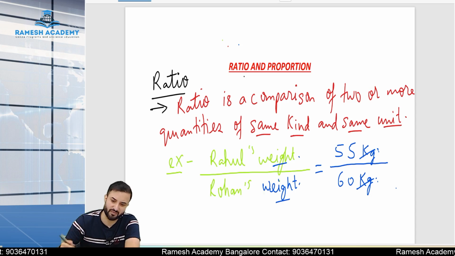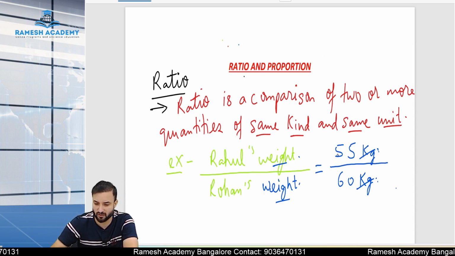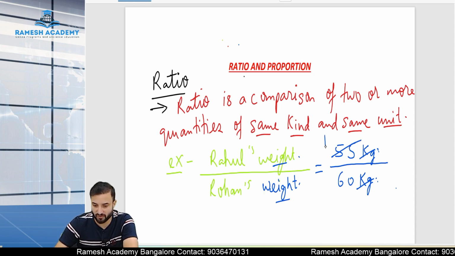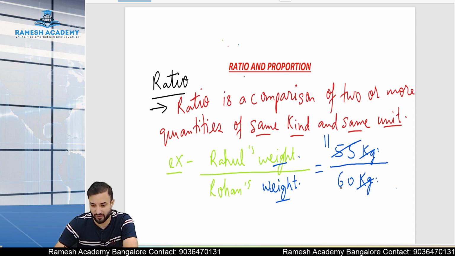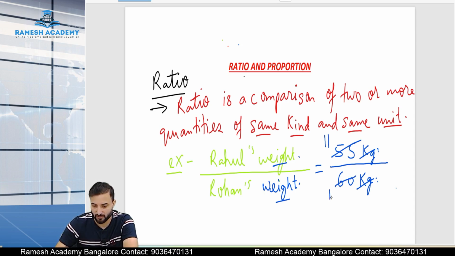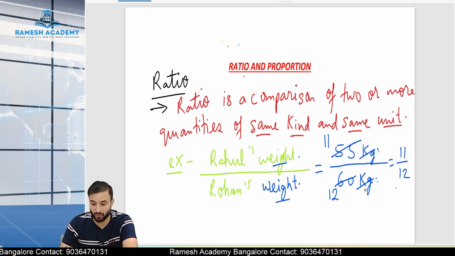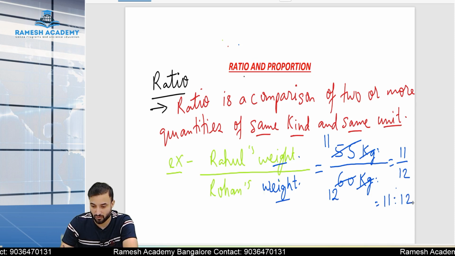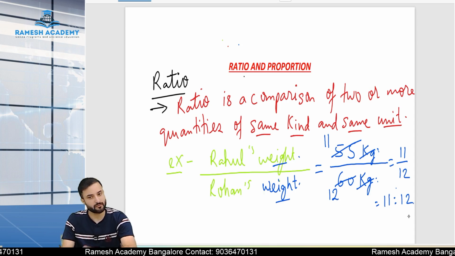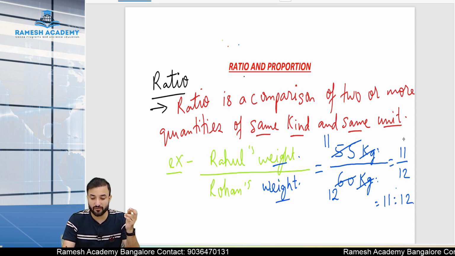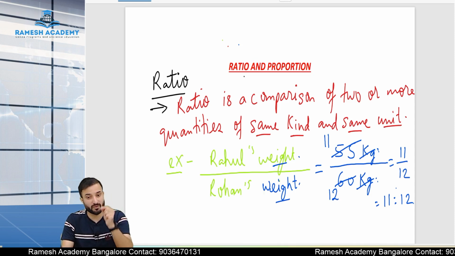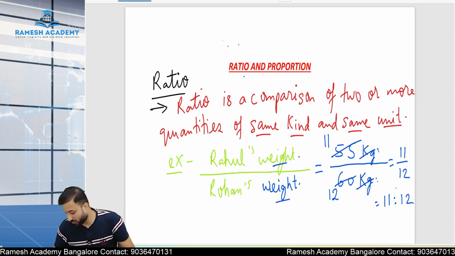Here the common factor is 5: 55 is 5 times 11, and 60 is 5 times 12. So 11/12. You can write the ratio as 11/12, or as 11:12. We all know this, right?